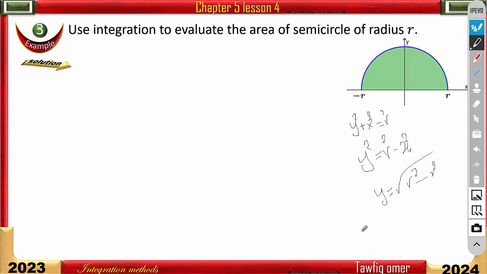This is the function of the semicircle. f of x is equal to the square root of r squared minus x squared. This is the function of the semicircle.